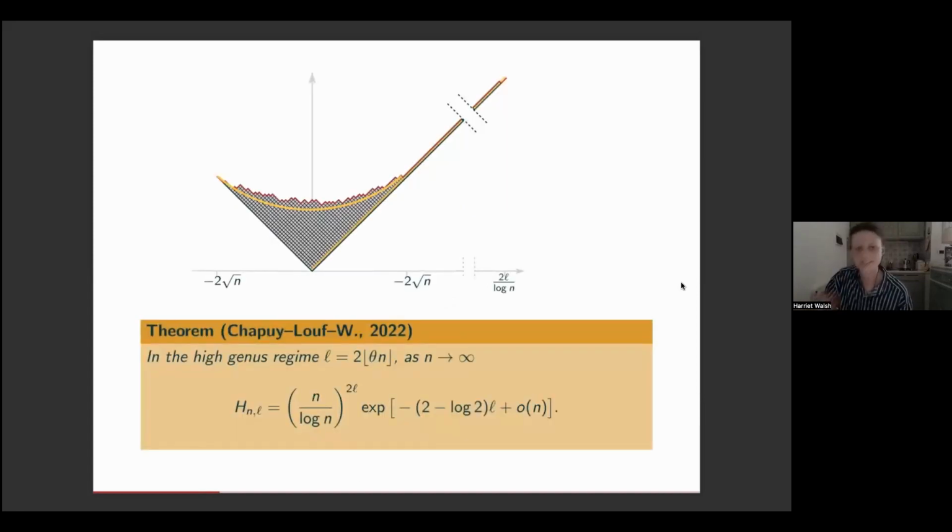And from this, as a result of the limit shape theorem, we also have an asymptotic estimate for the numbers H_n^L, the unconnected Hurwitz numbers, up to exponent of little o of n, so up to polynomial corrections. We know what these numbers look like.